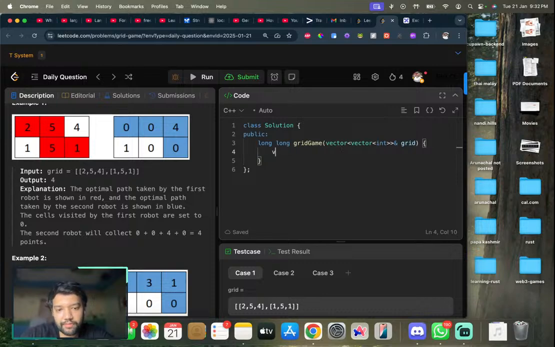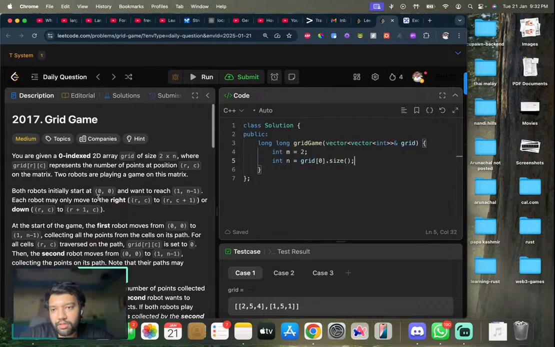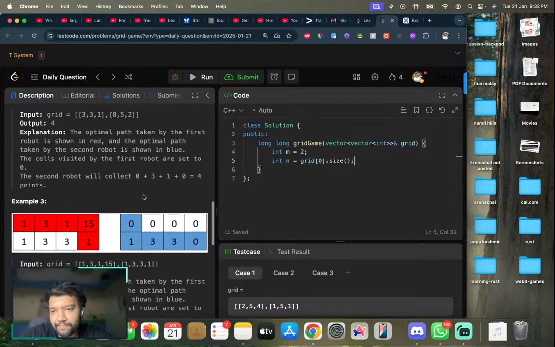Vector, and m is equal to 2 and n is equal to grid[0].size. Is the size different, no? Yeah.